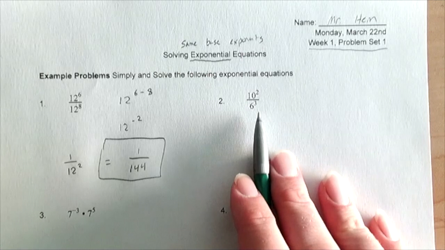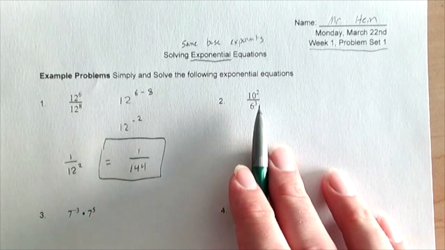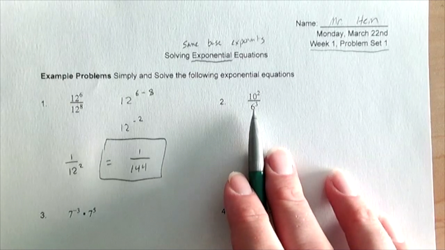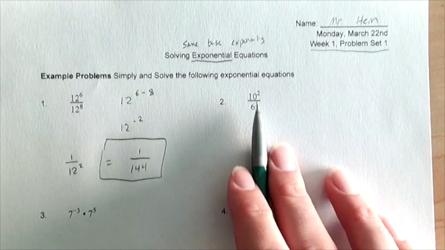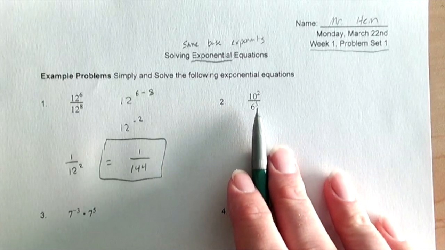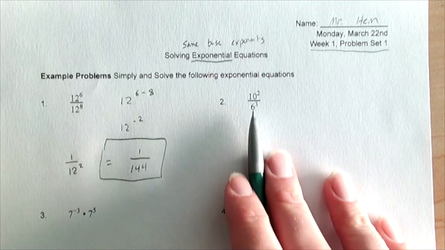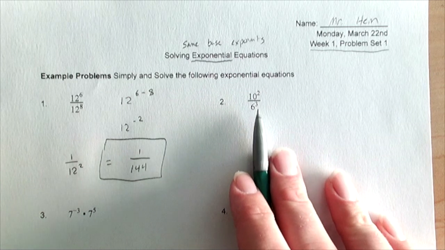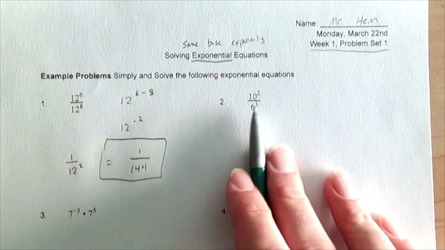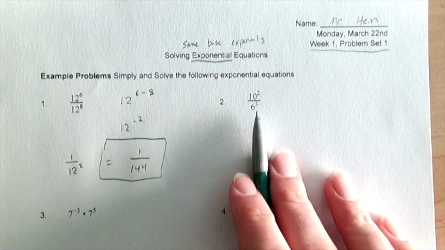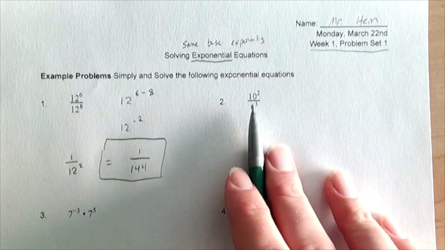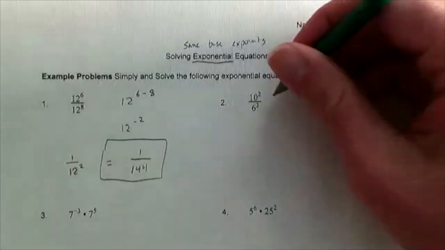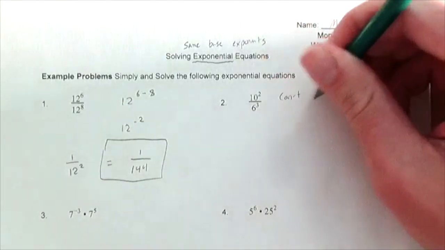And this is pretty obvious. I mean, not actually obvious because you guys aren't familiar with this stuff, but if you're looking at number 2, we have 10 squared divided by 6 cubed. We can solve this, right? We know 10 squared is 100. 6 cubed, we could look on the power chart as 216. So we could solve this, but we can't simplify, okay? So I'm just going to write that. This is kind of a weird example.